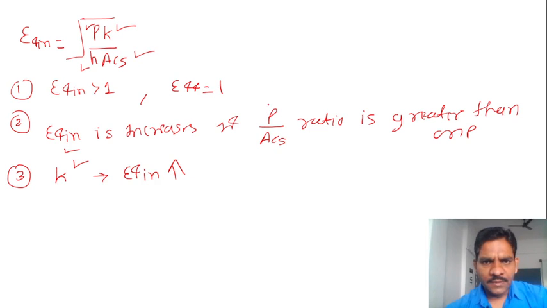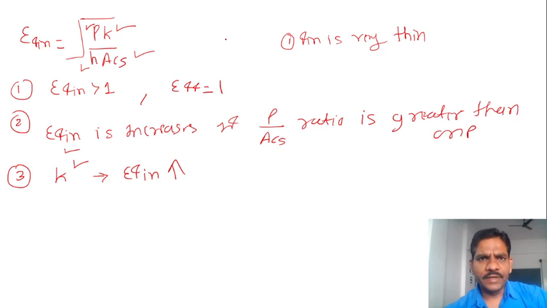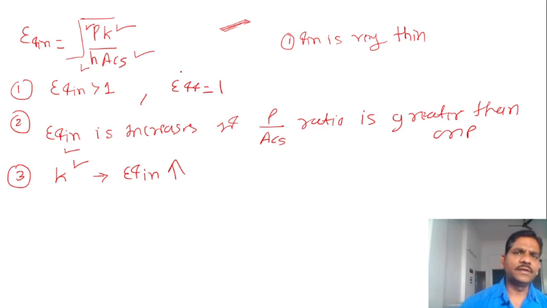That's why the fin is very thin. You have seen the plates of fins are very thin, their thickness is very very less. Okay, so this is the simple explanation about the effectiveness.